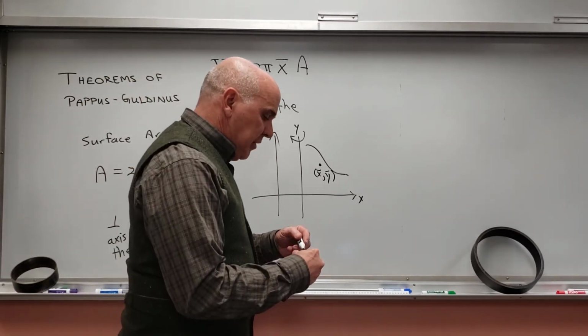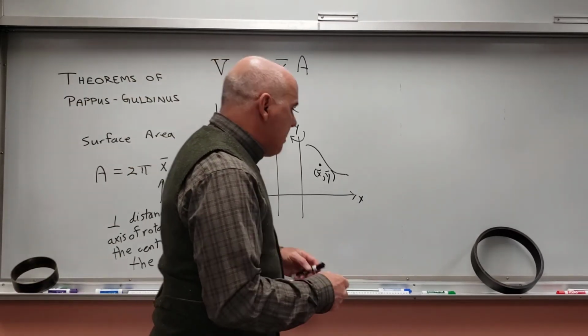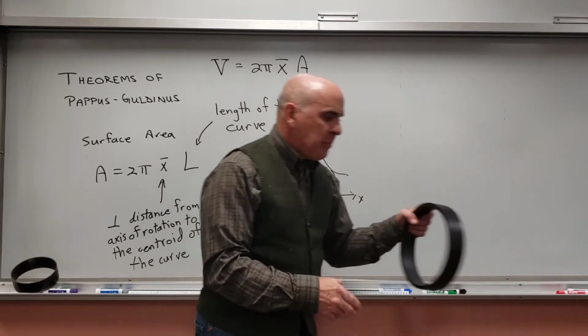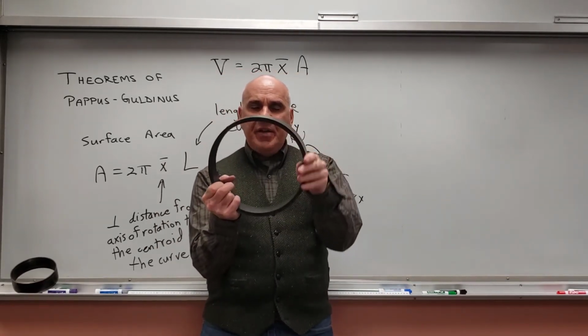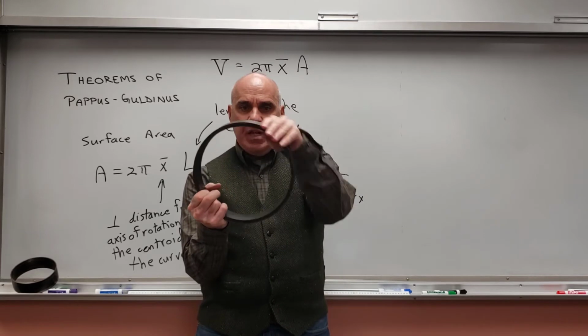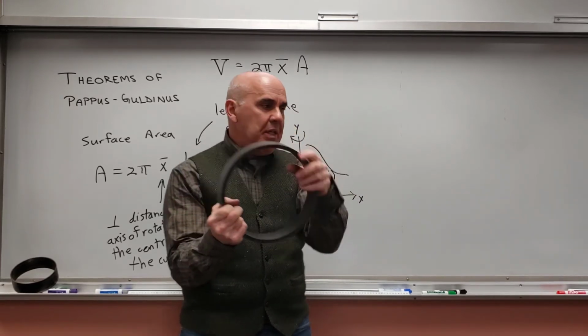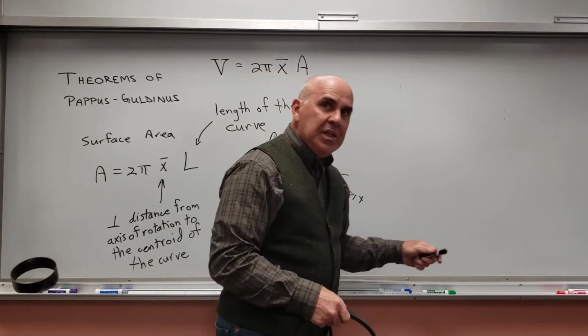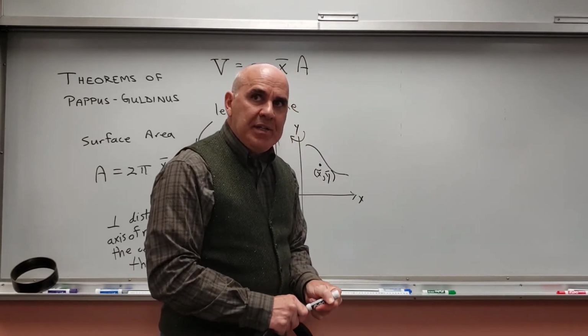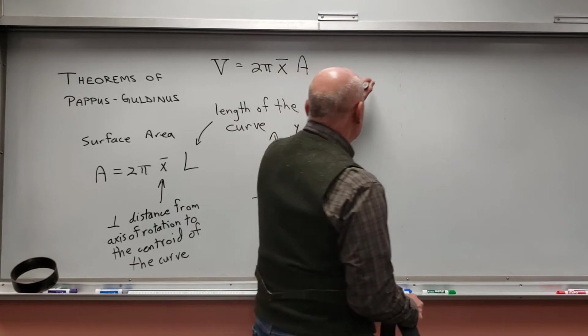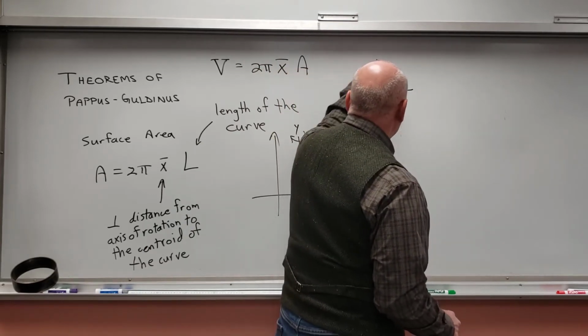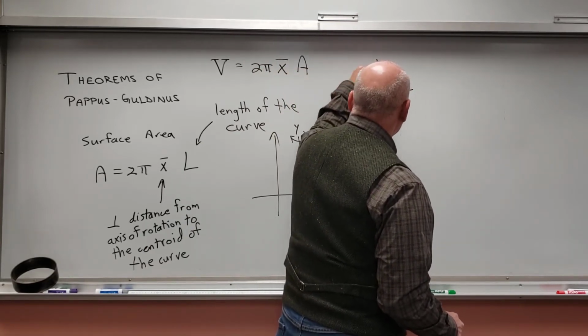Well, let me give you a similar example. Remember, in a previous video, we found the centroid of a half ring. The inner radius of the ring was a, the outer radius of the ring was b. Hopefully you remember that. So the ring looks something like this, and we fill this in.